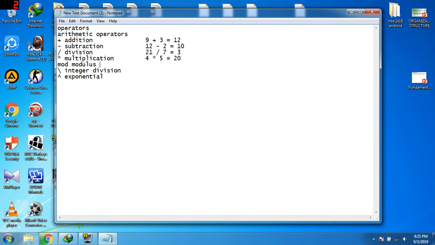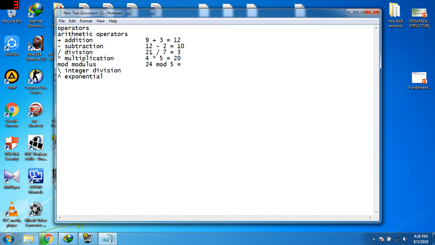Then in the modulus, like for example, we have an input of 24 and divided by our MOD, we will use modulus, MOD by 7, so that will give us an answer of, no, let's change this into 5.